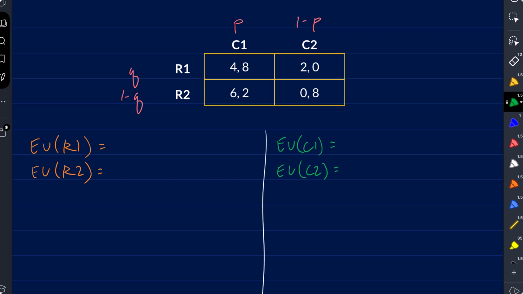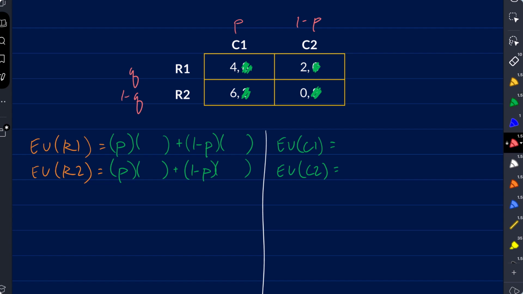Okay, so for R1, P times something, 1 minus P times something.